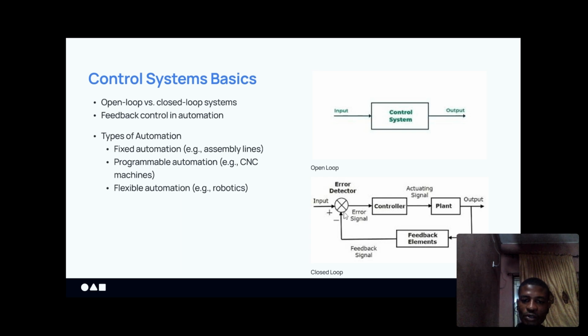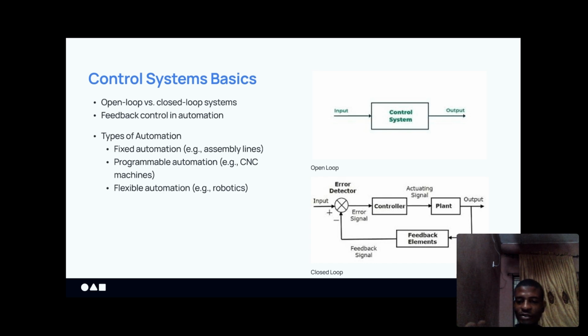But in this closed loop system, the input is fed into a controller, then from the controller to the plant, and from the output there is a feedback mechanism going back to a comparator that compares the output and the input.